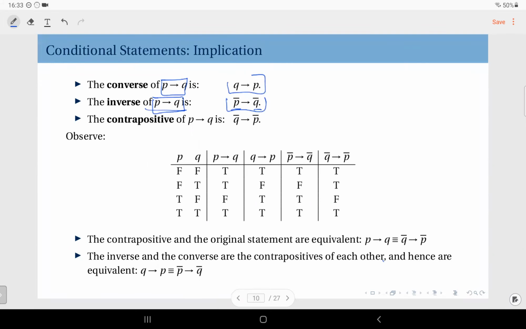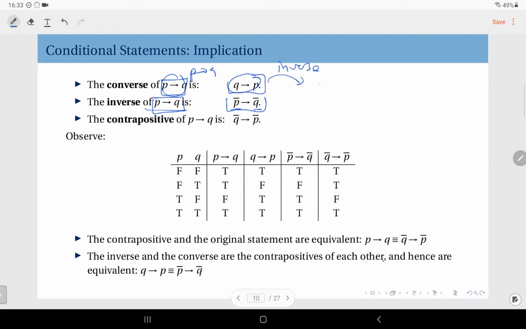So you take the inverse of an implication, and whatever you get, you take the converse, or you can also do it the other way. You take the converse first and then take the inverse. So you take P implies Q. Let's say you take the converse, you get Q implies P, and then you get the inverse.